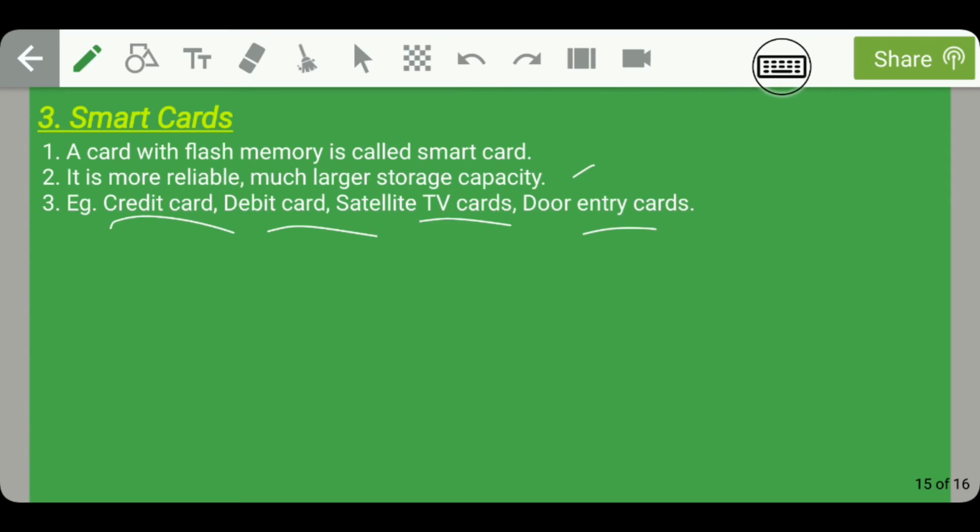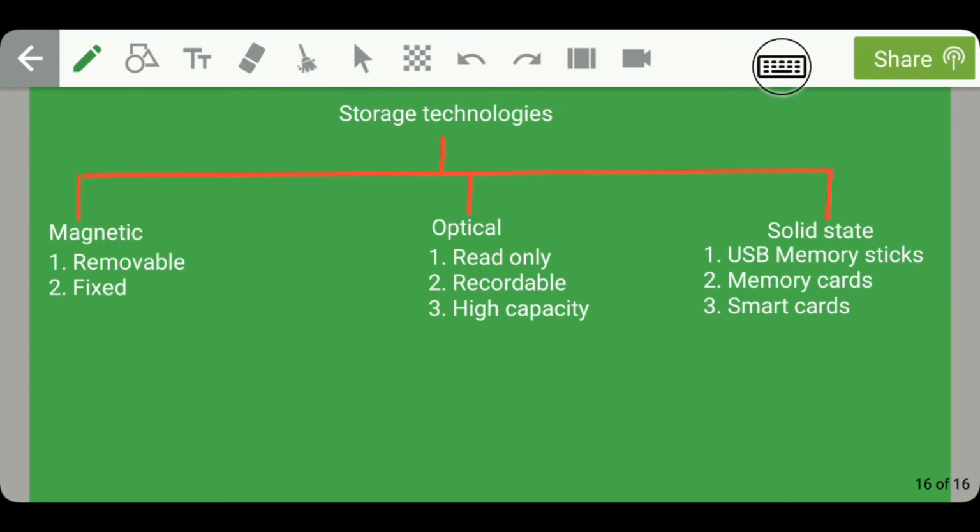So guys, these are the various storage technologies which we are using in ICT in networking. Let me summarize all these storage technologies by drawing a chart. These storage technologies can be classified into three types, that is magnetic storage devices, optical storage devices and solid state storage devices.